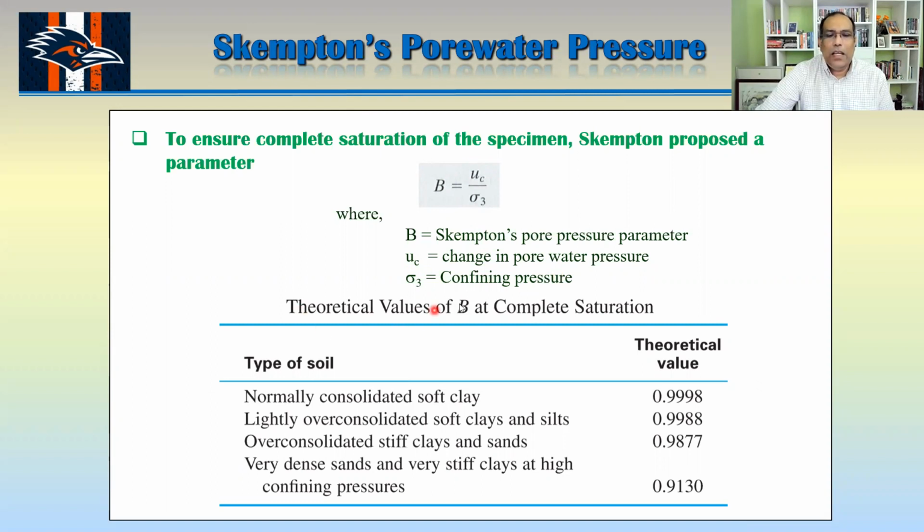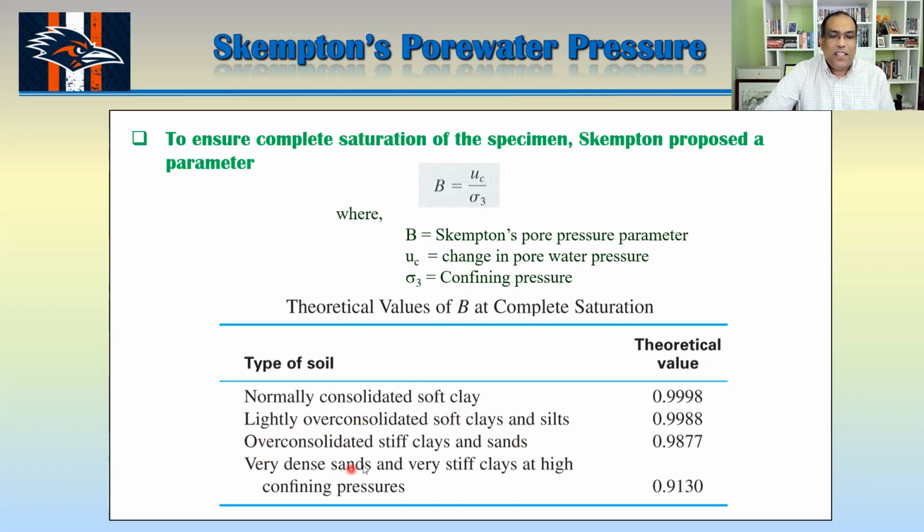Now, for theoretical values of B at complete saturation, in most cases you can see very close to 1. Okay, so that's for normally consolidated soft clay, lightly over consolidated soft clay, over consolidated stiff clay and sand.